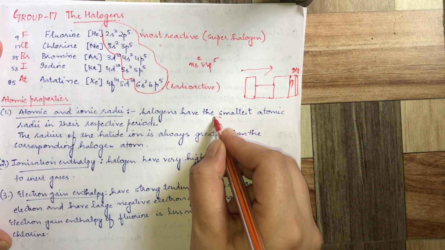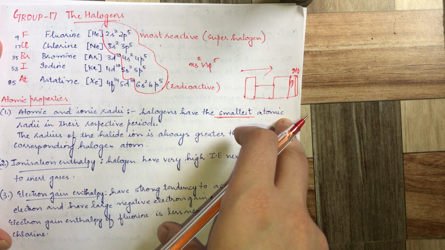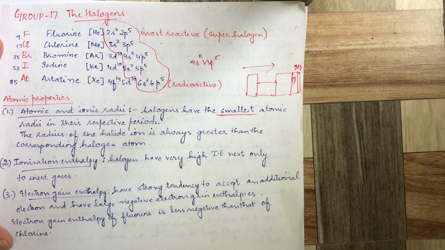Halogens have the smallest atomic radii in the respective period, and not the group 18 elements. We'll discuss that in the 18th group. So what we learn here is that the halogens have the smallest atomic radii in their respective periods.